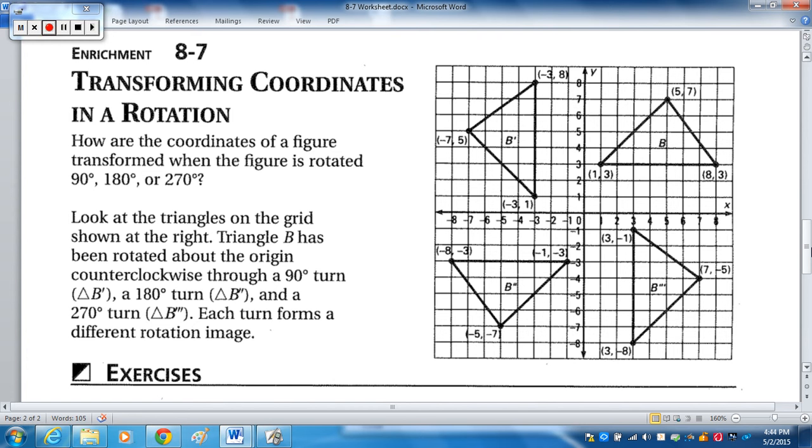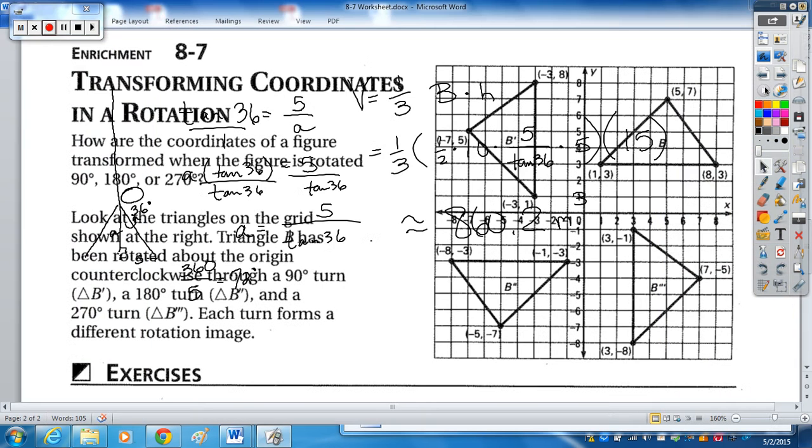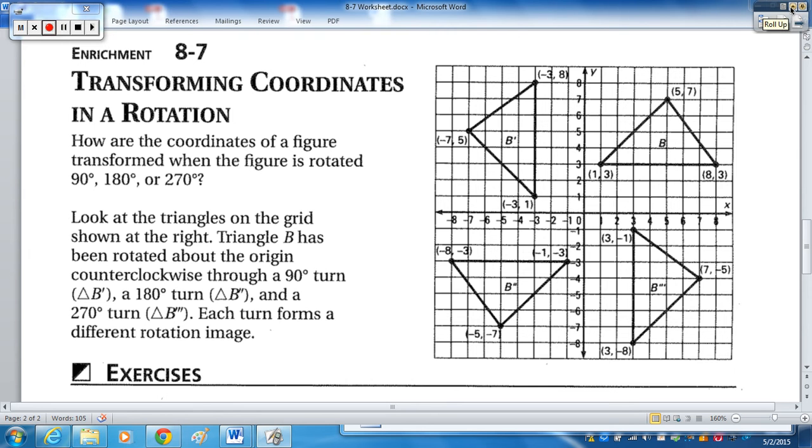So there's another concept that I want to make sure we understand when we talk about rotations, and that's this: what direction are we rotating? Are we rotating clockwise? If you think of the clock, the clock hands go this way, so clockwise would go that way.